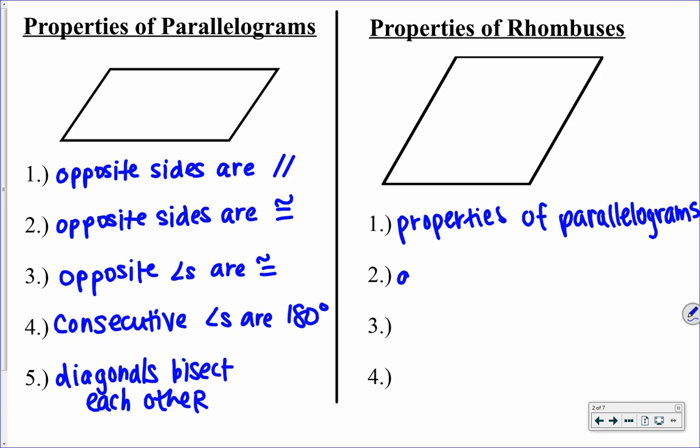A rhombus, all sides are congruent. So each side is congruent to each other. All of them are equal. The next one is diagonals are perpendicular.